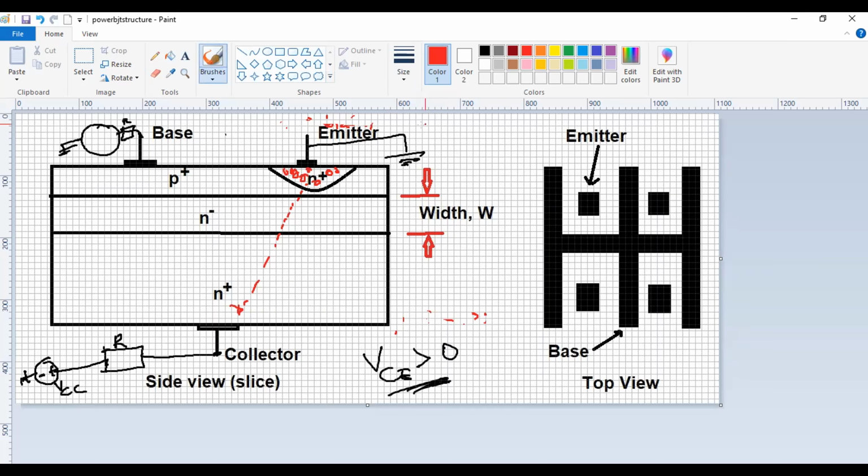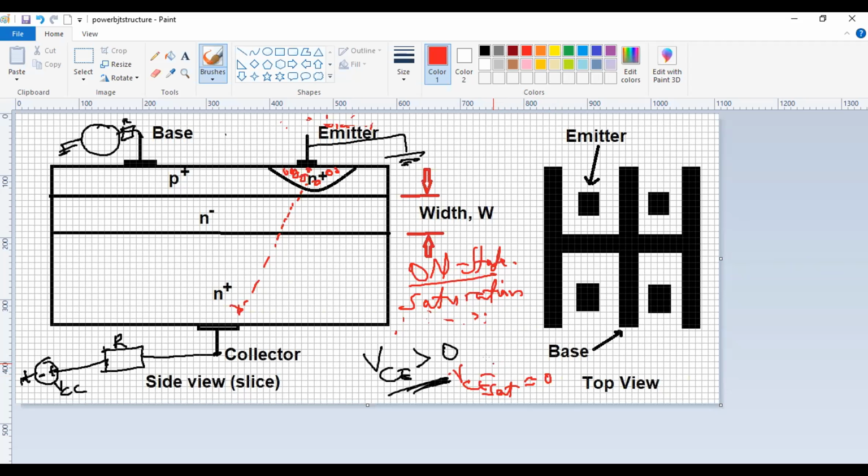So to talk about this being on, the on state, I want basically saturation. The reason I want saturation is because this VCE becomes a small value, so that I have VCE sat is greater than 0, but it's a smallish value.